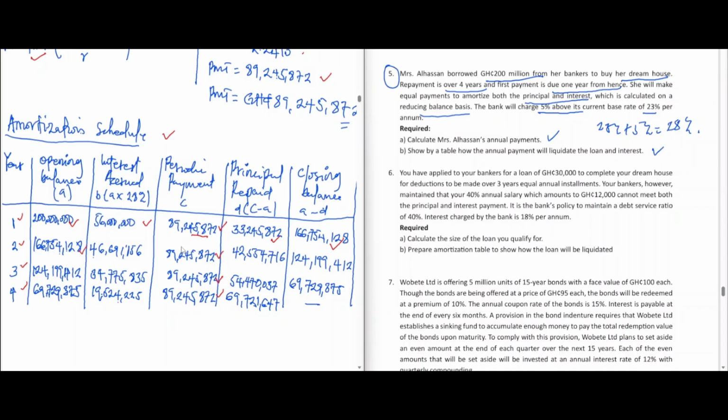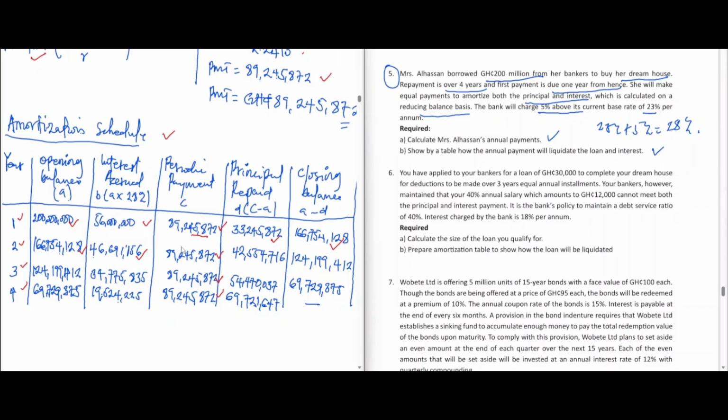At the beginning of year 2, we calculate 28% interest on it, which gives us 46,691,156. Then we've already made a periodic payment of 89.2 million on it. So our principal repaid will be 89.245872 million minus 46,691,156.